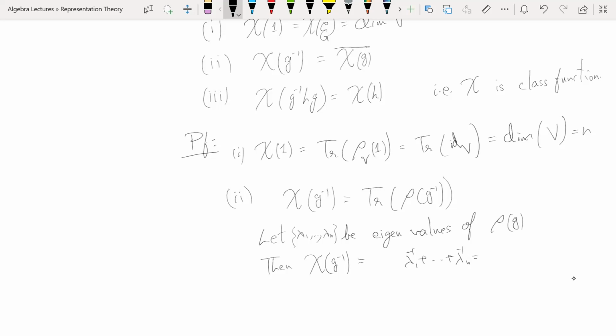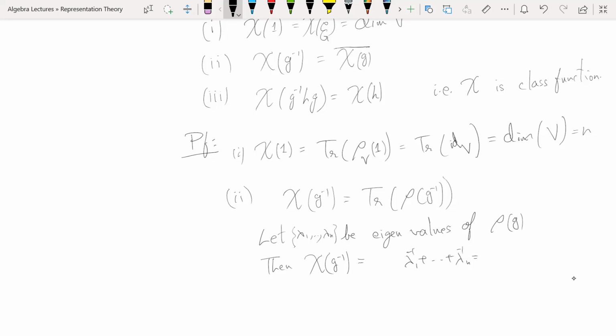And remember, rho g is a matrix of finite order, meaning as an element of the group GL(V) it has finite order, because g to the power of the size of the group has to be the identity.